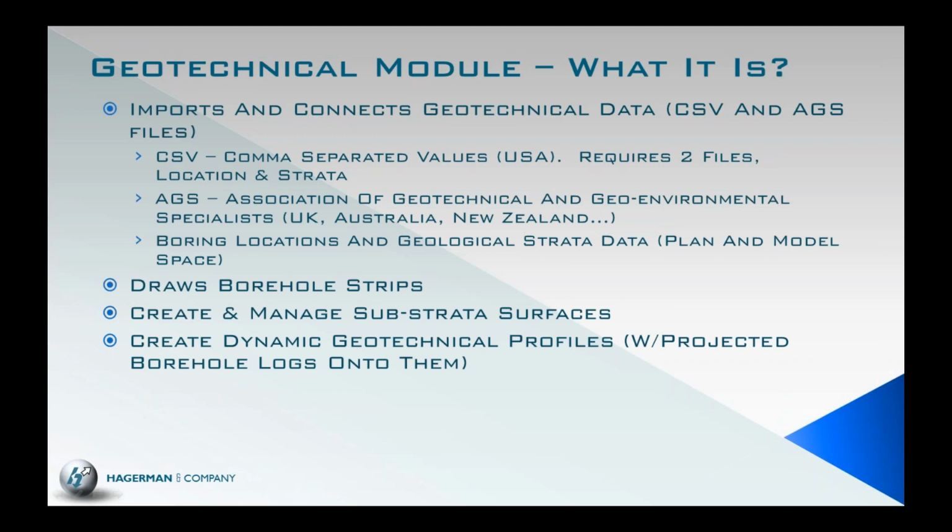We can also create dynamic geotechnical profiles. Now, there's an interesting kind of situation. Up to this point, we would have to draw them by hand, meaning AutoCAD functionality, etc., and place them in our profiles. With this, it allows us to go ahead, access the information, create a profile, create an alignment first, obviously, and then show it on our screen.